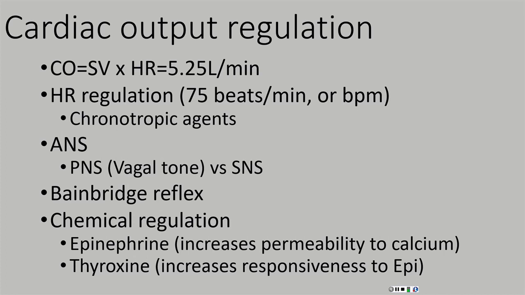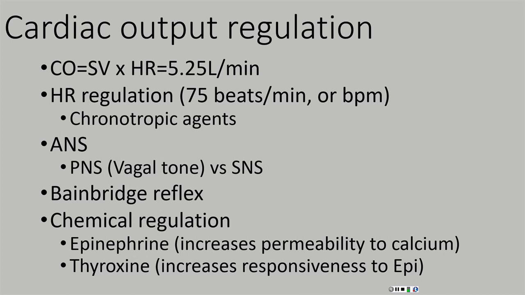This is the volume of blood needed by the body while at rest in 1 minute. So if there is more or less, later on we're going to see that's going to impact some things that go on in the body, like blood pressure. So we need about 5.25 liters of blood to be moved per minute out of the heart.